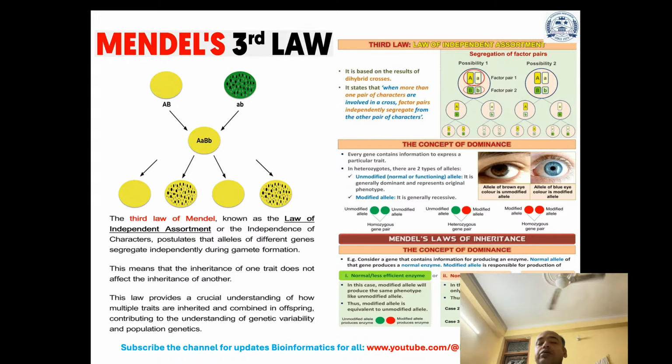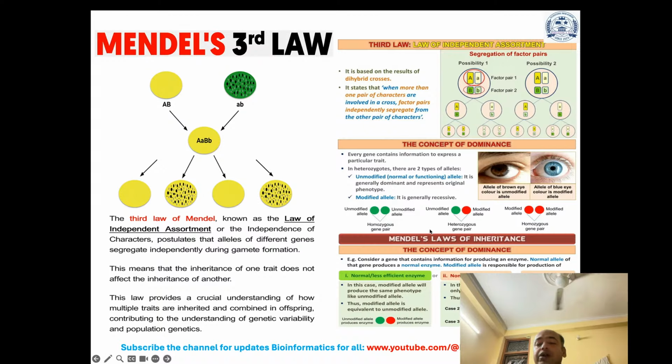In heterozygotes, there are two types of alleles, for example, unmodified allele and modified allele. The unmodified allele is generally dominant and represents the original phenotype. Modified alleles are generally recessive.